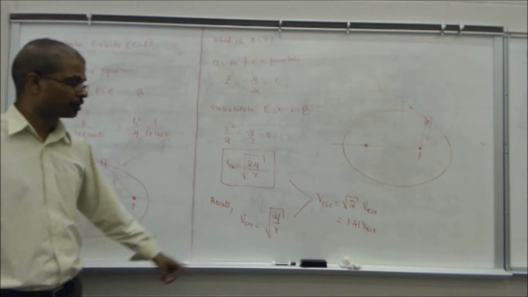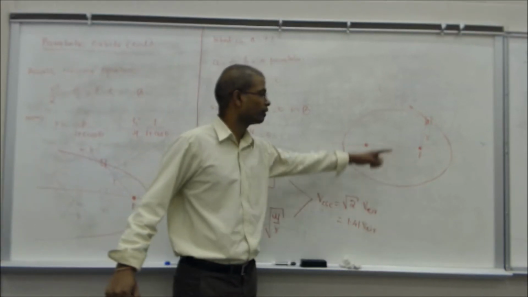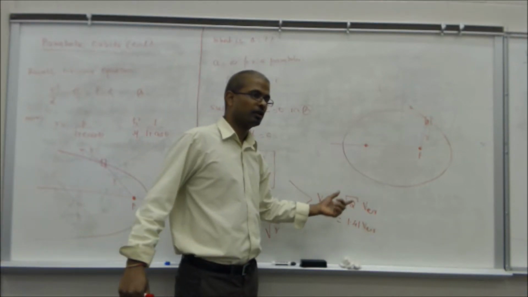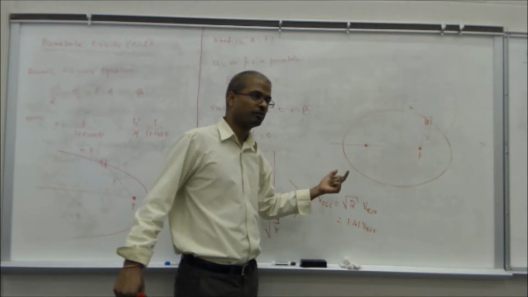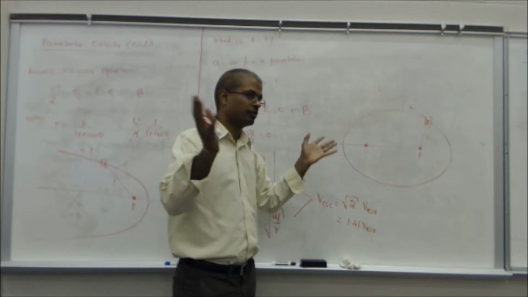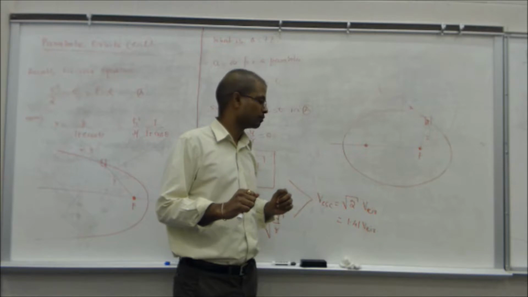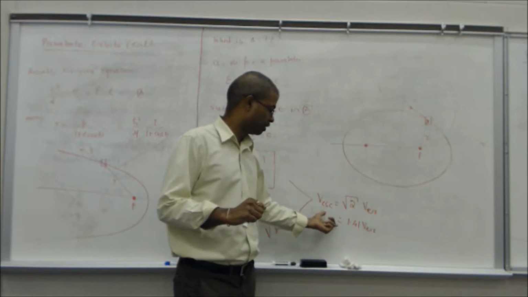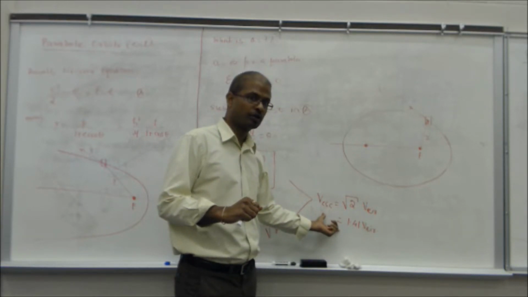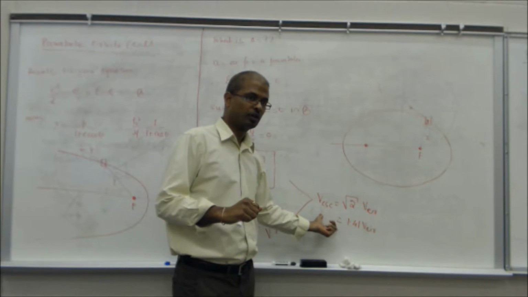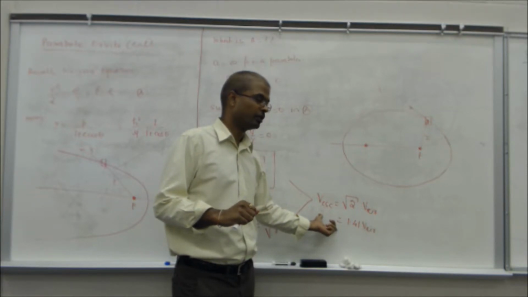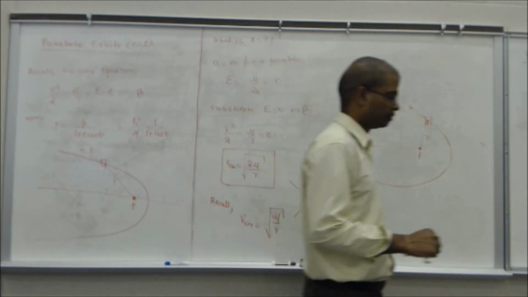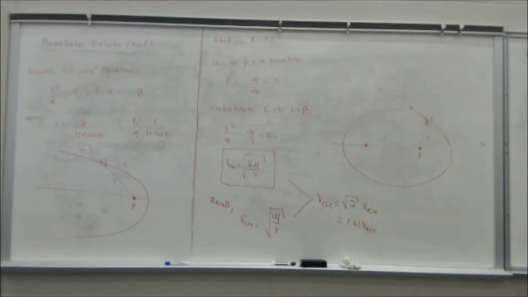So if you increase the velocity by 41%, whatever velocity the satellite is orbiting at, keep this in mind because you will get a question in the exam asking you to prove something similar. Prove that the escape velocity required from a circular orbit is 41% more than that velocity.